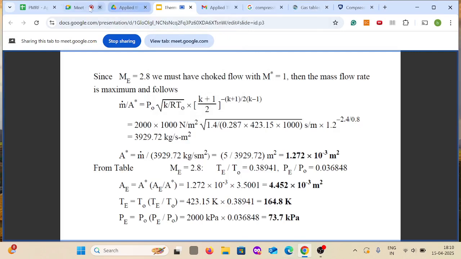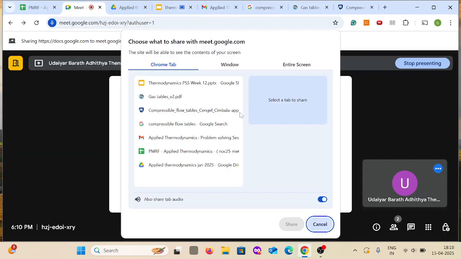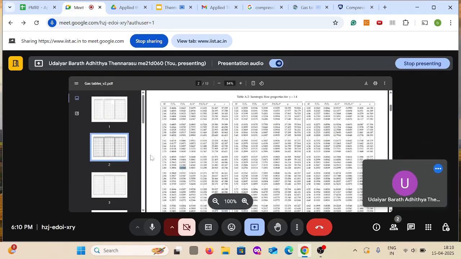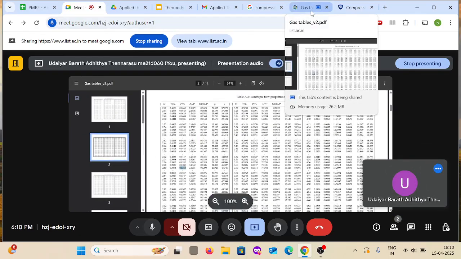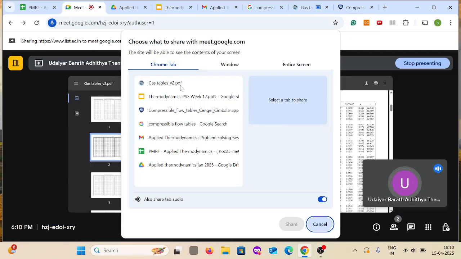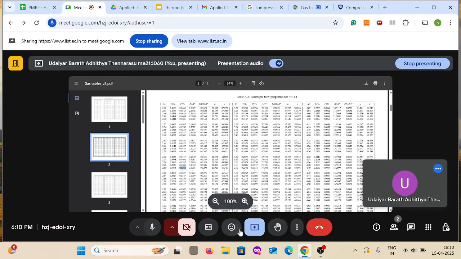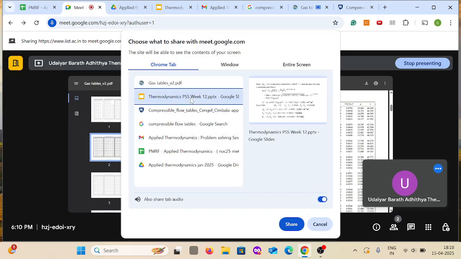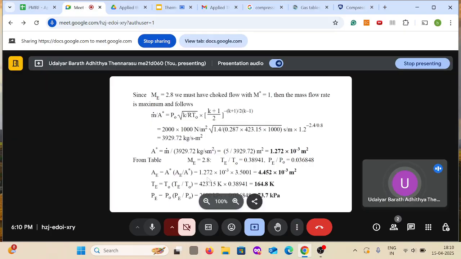So if you see, A by A star is 3.5. So we know the area ratio from the table for 2.8. So AE equals A star into the ratio, which is 3.5. So we get the exit area as 4.452 into 10 power minus 3 meter square.